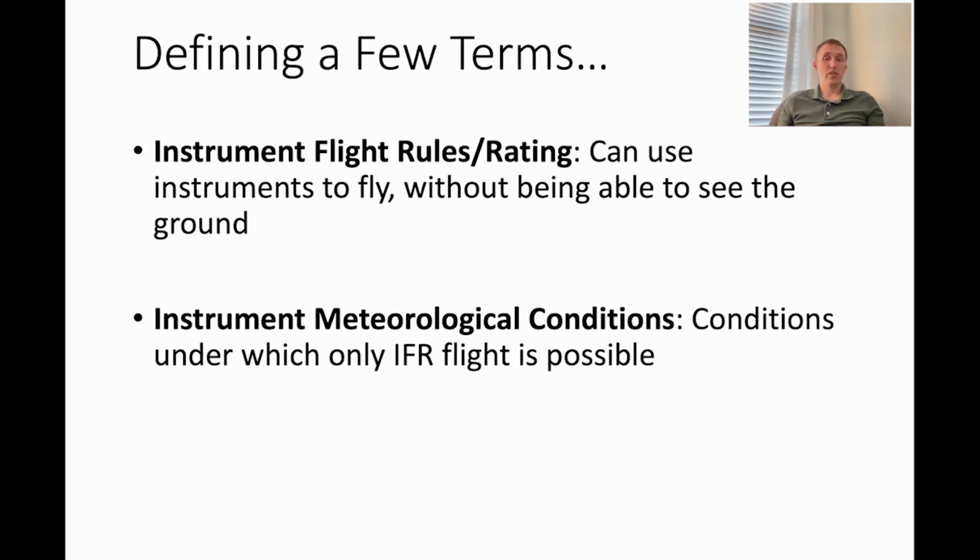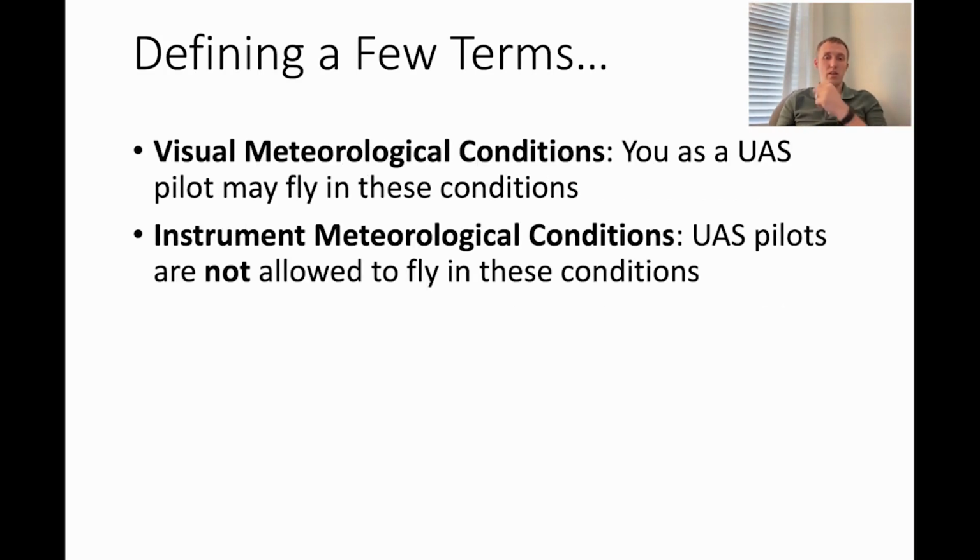So this is not going to be when we are operating our UASs, because we cannot fly under these conditions. You as a UAS pilot may fly in visual meteorological conditions, VMC, but you're not allowed to fly in instrument conditions. In other words, there's currently no instrument rating for UAS pilots. You have to have a special waiver to fly under those conditions, and that would be something you'd have to get special permission from the FAA to do.